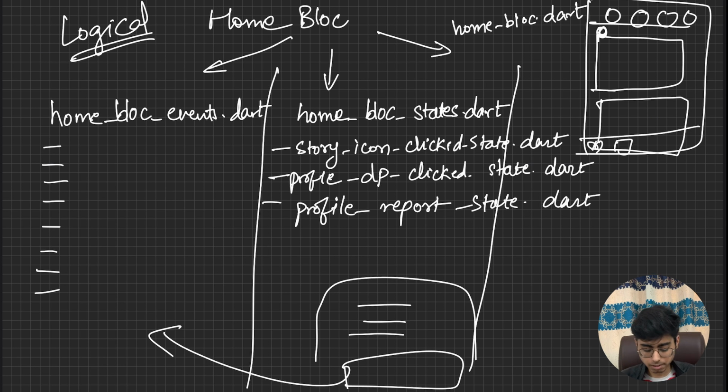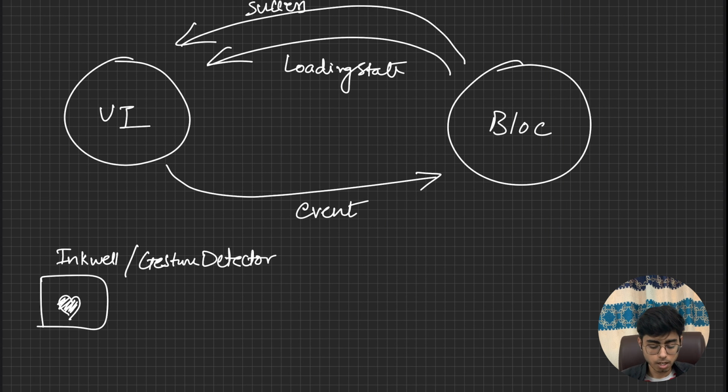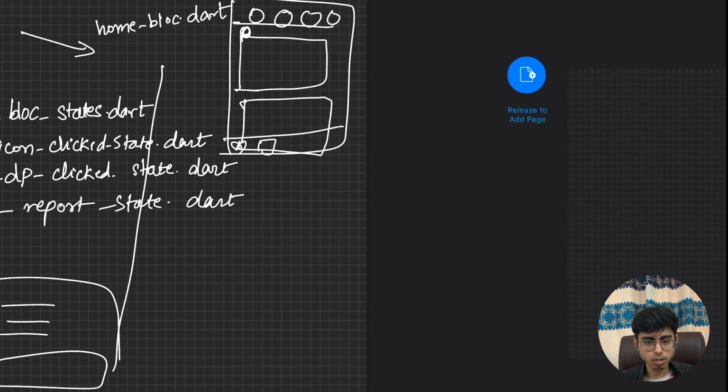But how am I going to listen to these events and states, right? How will I interpret that? How will my block know that the user wants this event to be called or this state to be emitted? How will my UI be communicating with the block? For that, we have certain widgets built inside the Bloc library. If you want to use Bloc for Flutter, you know that you need to define some dependencies in the pubspec.yaml file, right?